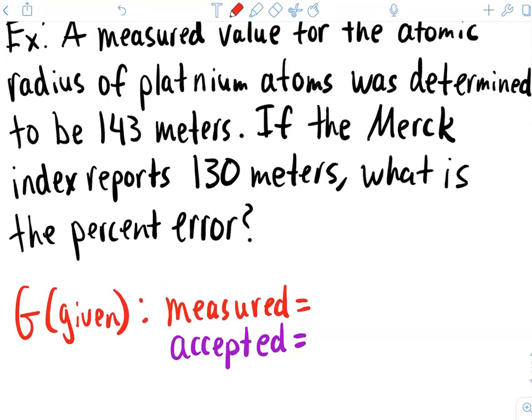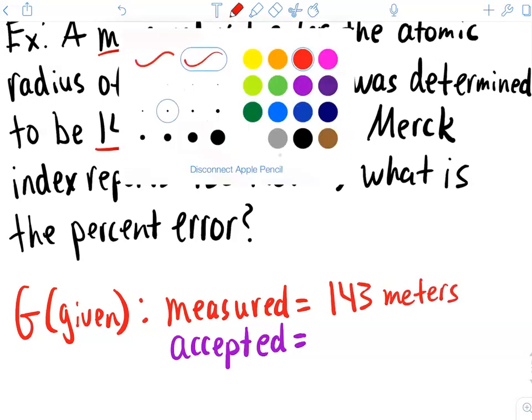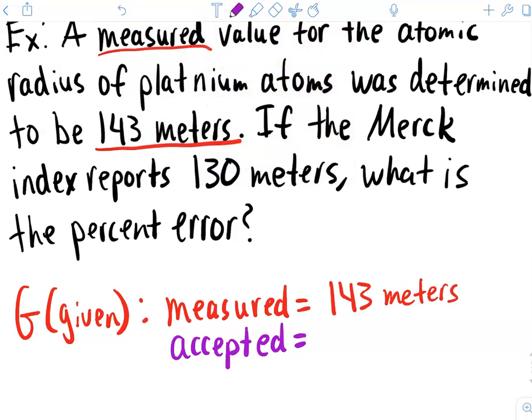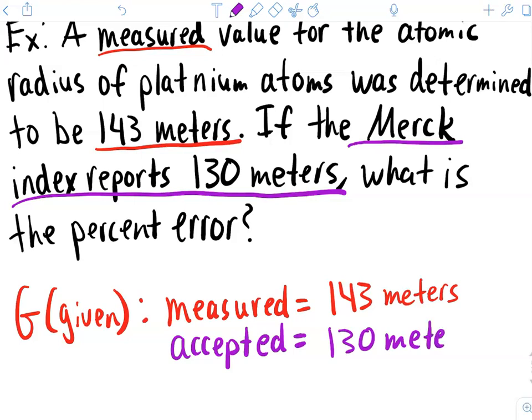Well, it tells me a measured value of 143 meters. And then for the accepted, it tells me that there's this Merck Index report. So that Merck Index report is going to be the thing that all of the scientists have agreed upon, that the value should be 130 meters. So that is going to be our accepted.